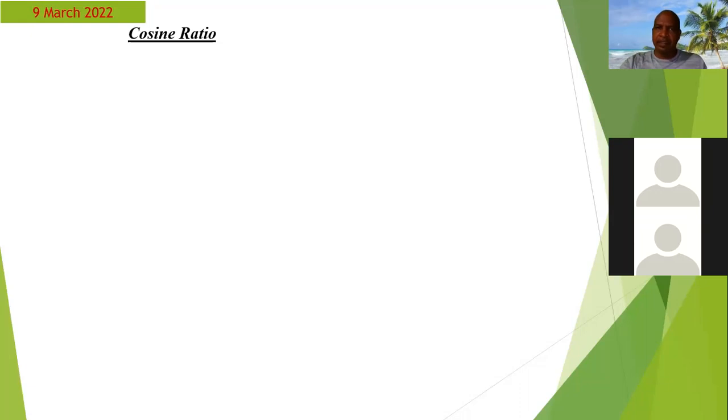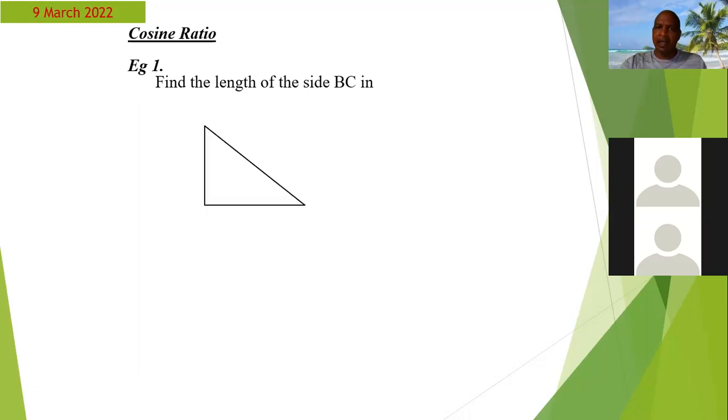All right, so with that said, these examples are going to relate the adjacent and the hypotenuse side to the angle given. So here we have a triangle. We are given the angle C. We are given the side CA, which is 120 millimeters.